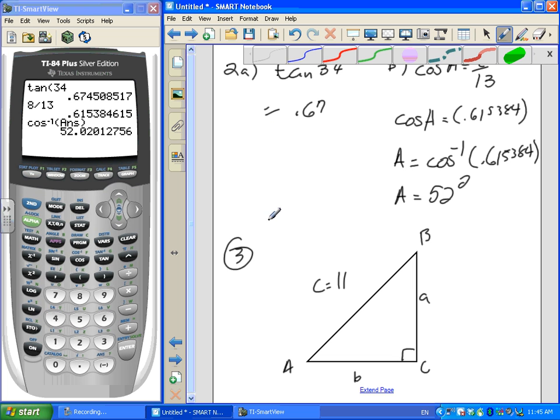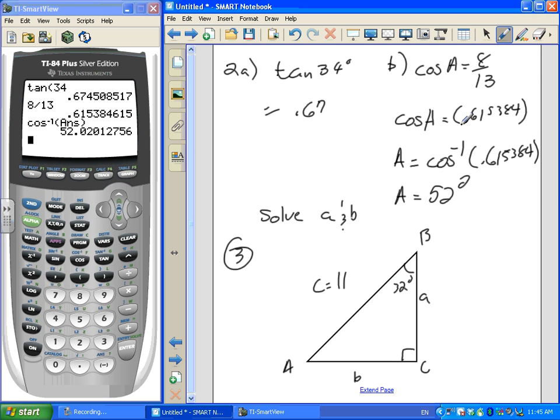Okay, question 3 says solve for side A and B. Okay? They also give us this measurement, which is 32 degrees. So if we're going to solve for side A and B, we need to use the information we have. From A to B, this line is called the hypotenuse. That's right.